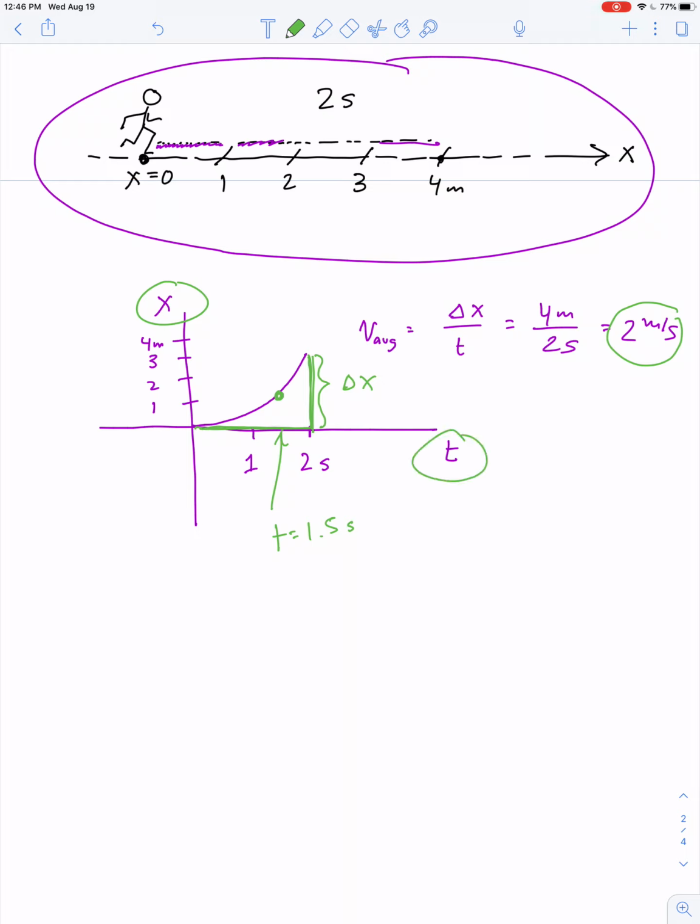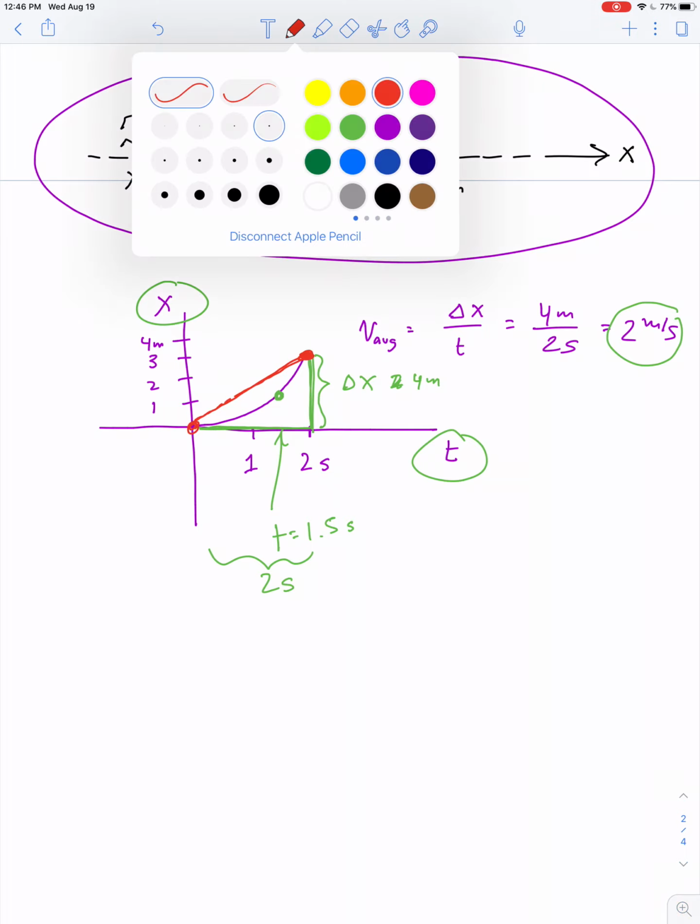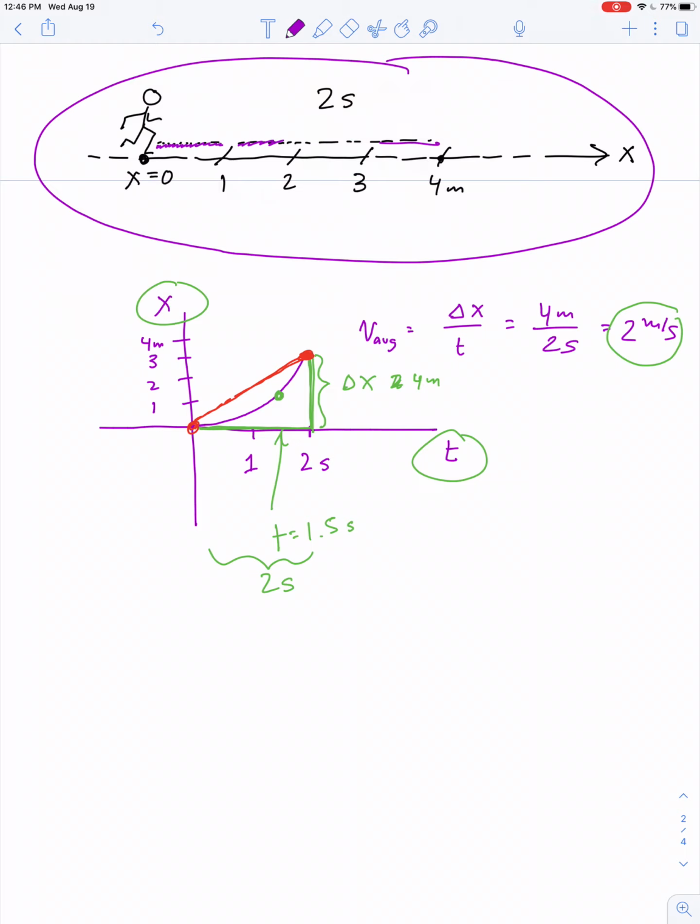And so what I'm really doing by dividing 4 meters by 2 seconds is I've taken the slope of this secant line that goes from the origin to the final position of this runner. But you can see that the slope of this secant line isn't quite as steep as the slope of the tangent line at this moment in time.